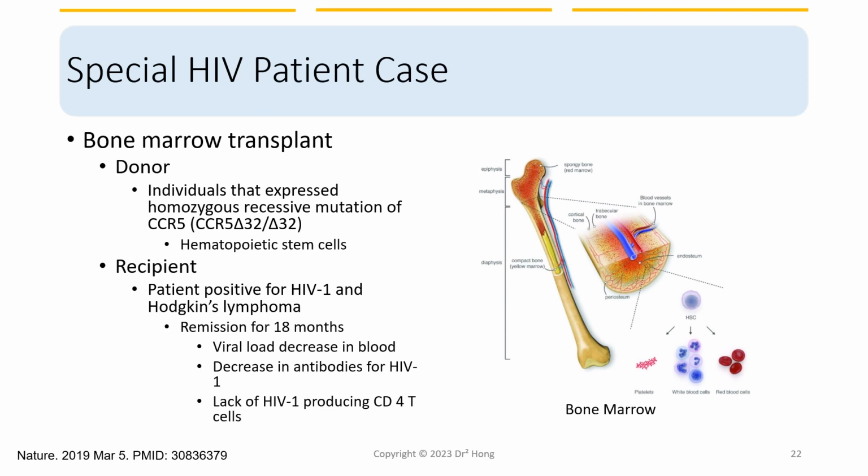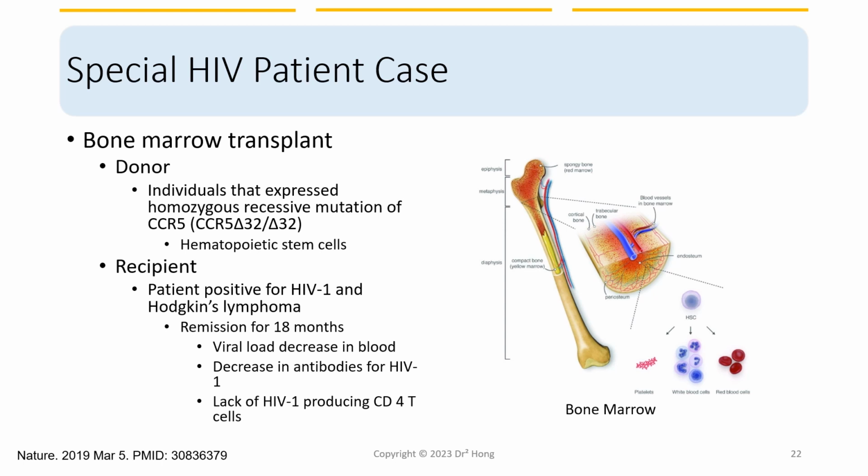Now let's look at a special HIV patient case which was published in the journal Nature in 2019. In this report, a patient with HIV has experienced sustained remission of the HIV-1 virus following a bone marrow transplant.